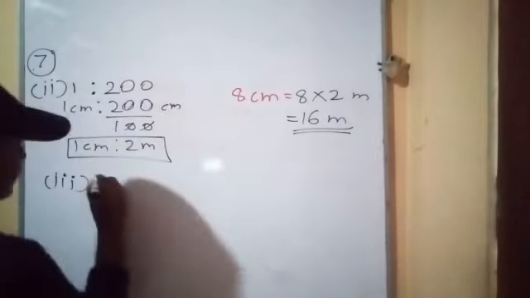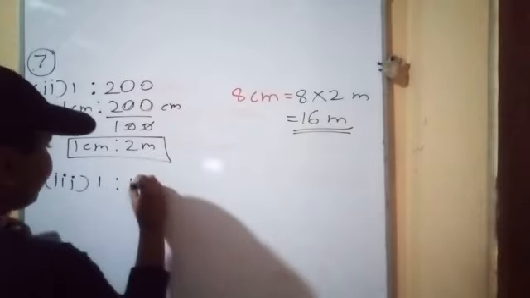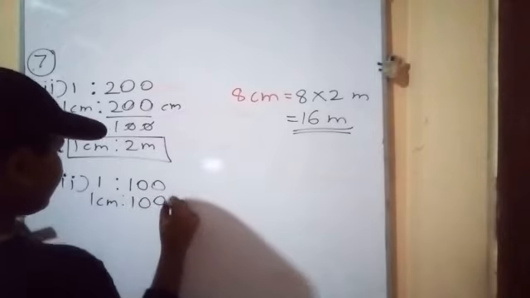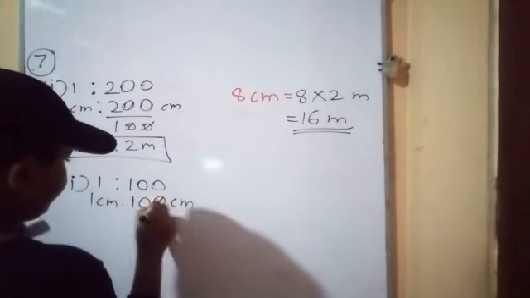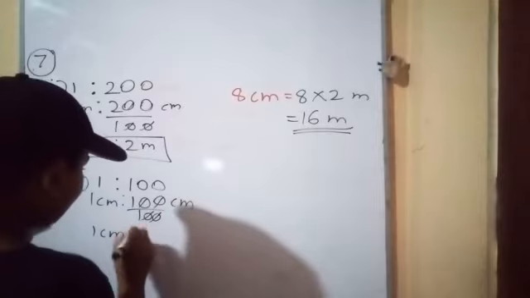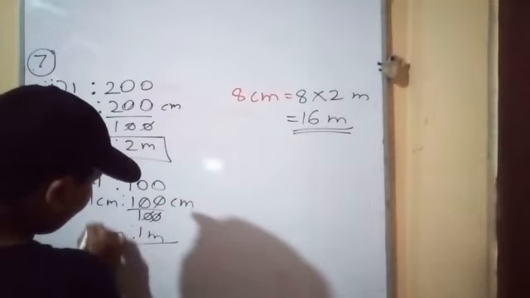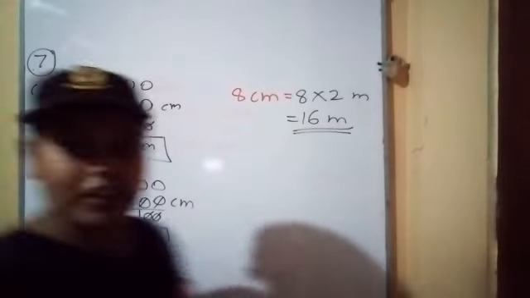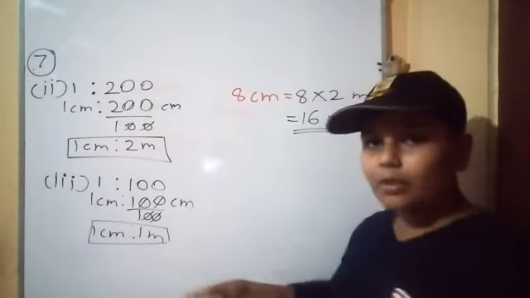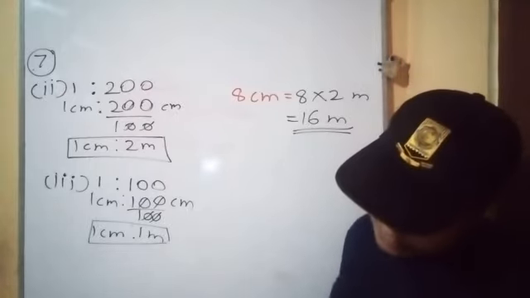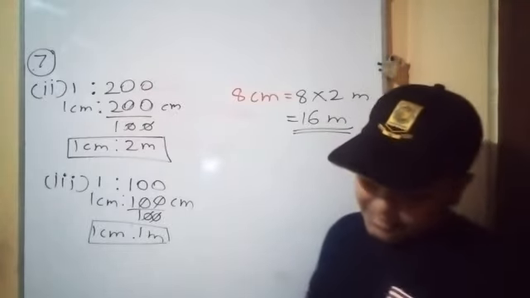The scale is 1 to 100, that means 1 centimeter means 100 centimeters, that means 1 centimeter means 1 meter. So you want to get the scale diagram drawn by this method. They have given 20 meters length and its width is 6 meters.